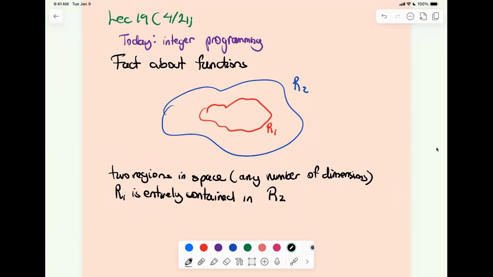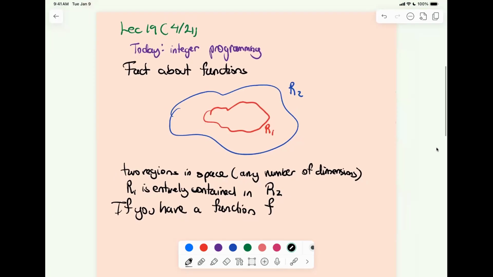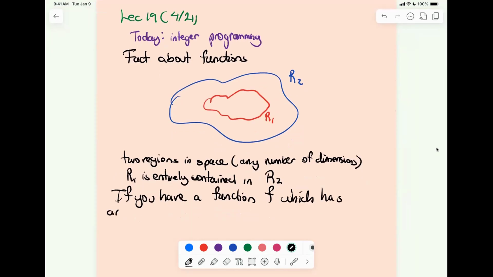So let's say that you have a function f, and let's say that we're in the situation where the function has an absolute max in each region. Let's call the first max M1 because it's in region one. So maybe this is X1 and this is the max.